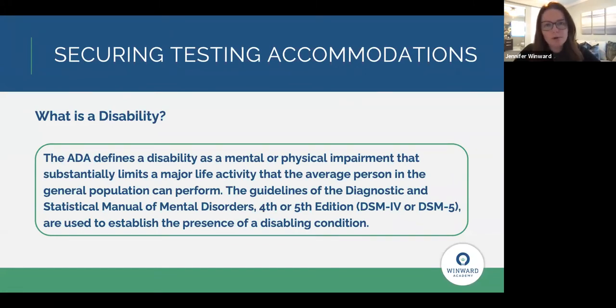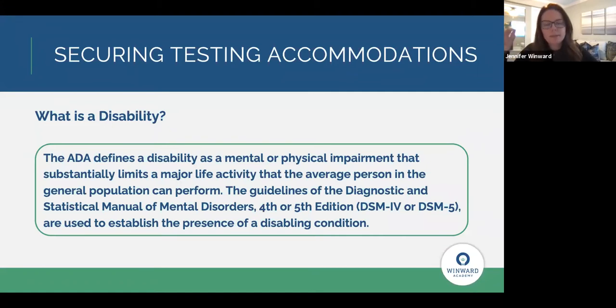So the real burden on all of you as you're putting together your packages to submit to ACT or SAT is that you have to establish that this is all about equal access. This is because of a substantial limitation, a substantial impairment. That is the reason why this accommodation is necessary.